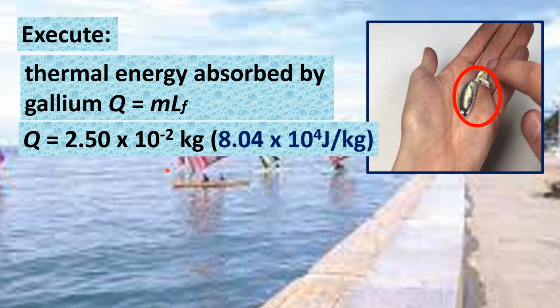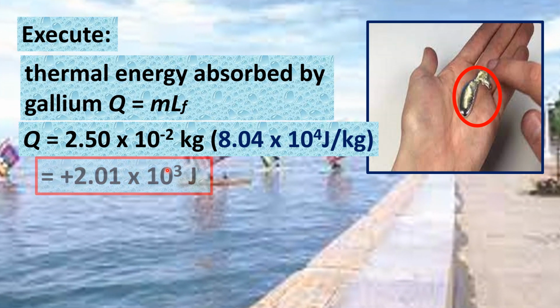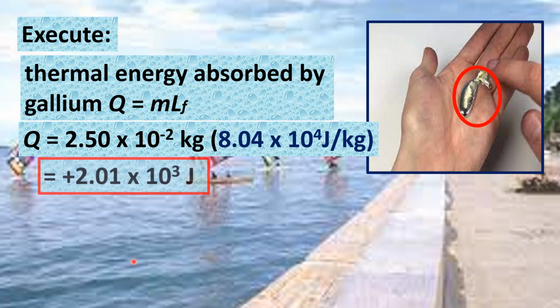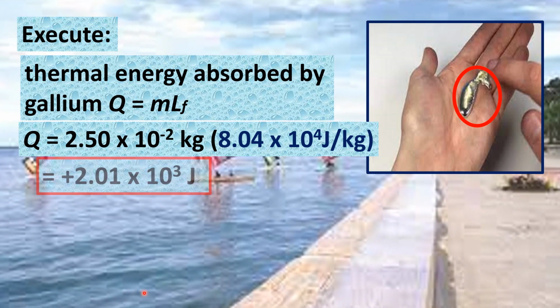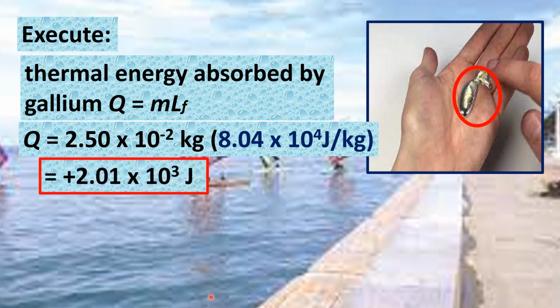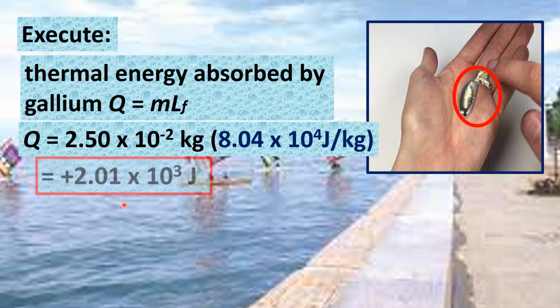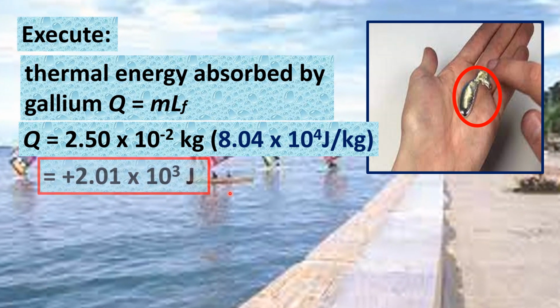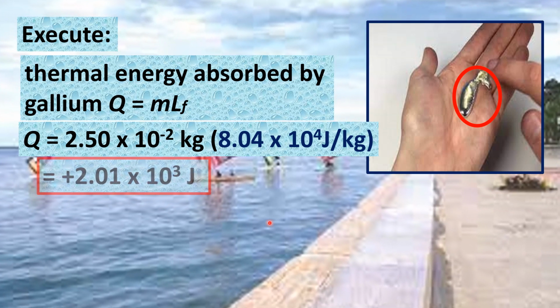So doing our math, we will get the amount of energy absorbed, capital Q, equal to positive 2.01 times 10 to the third power joules. Again, we are emphasizing that the meaning of the positive sign is that this energy is absorbed by the system, right?